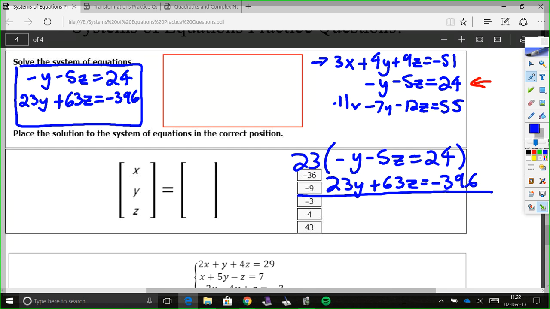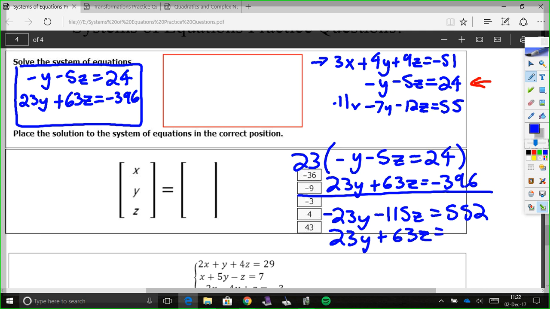23 times negative y will be negative 23y. 23 times negative 5 will be negative 115z. And then 23 times 24 is 552. Alright, and the other equation I'm just going to leave it the same for now. 23y, 63z.